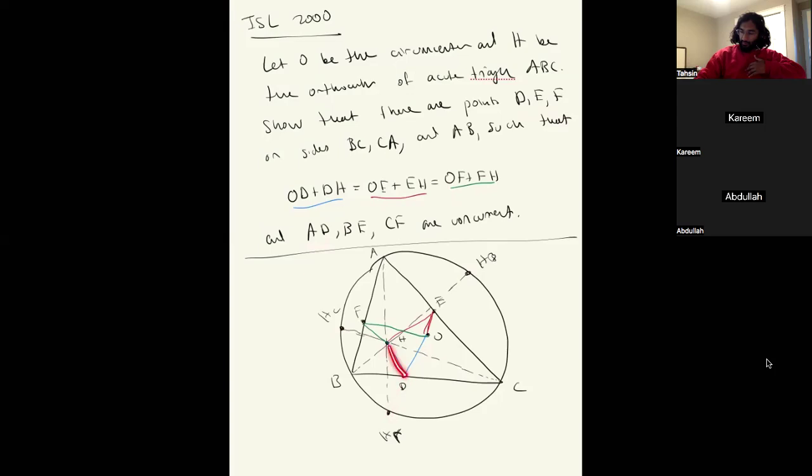Once I do the reflection, HD is the same thing as HAD, right? So for all of these lengths, instead of taking the distance from D, E, or F to H, you can take it to the reflection, right?